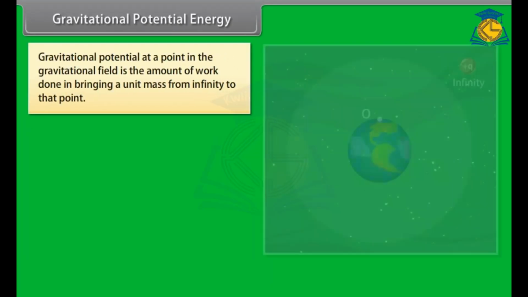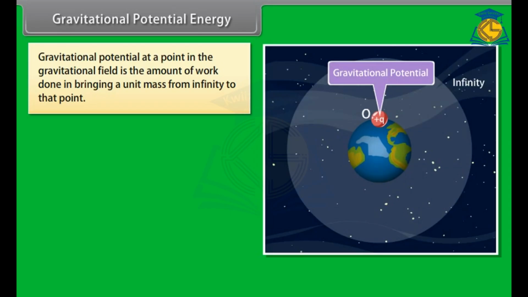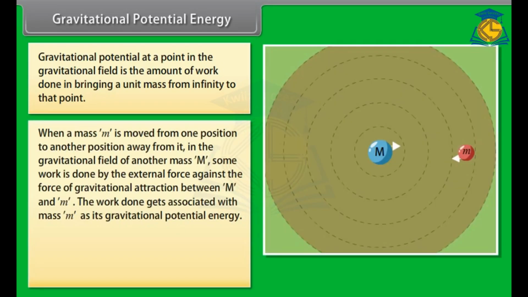Gravitational potential energy. Gravitational potential at a point in the gravitational field is the amount of work done in bringing a unit mass from infinity to that point. When a mass m is moved from one position to another away from another mass M in the gravitational field, some work is done by the external force against the force of gravitational attraction between M and m.